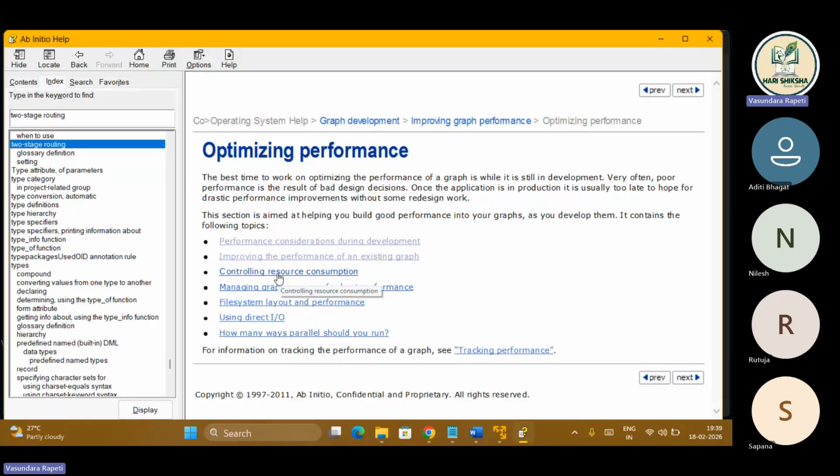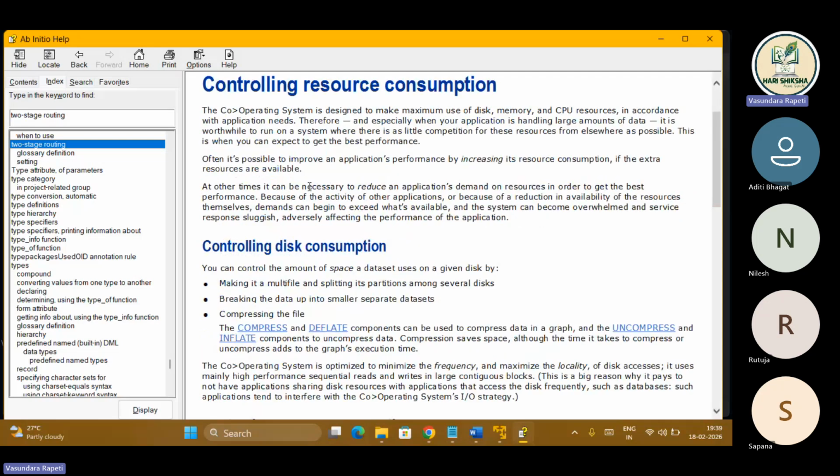So, controlling resource consumption. What we have learned up to now is just graph development, GDE related, how you can do it at the time of developing. Now, how to control the resource consumption?